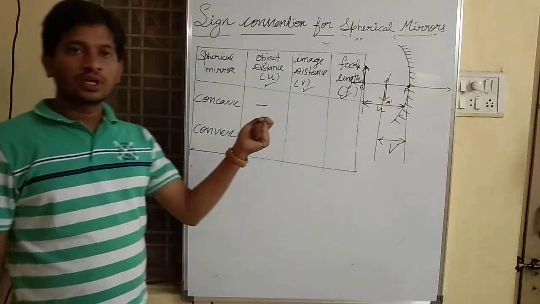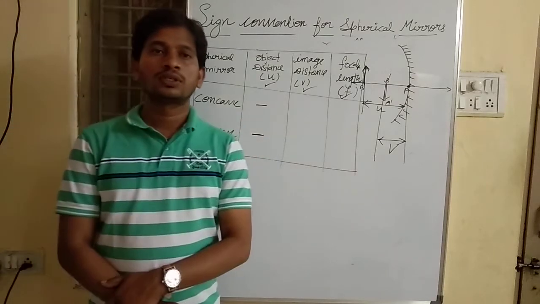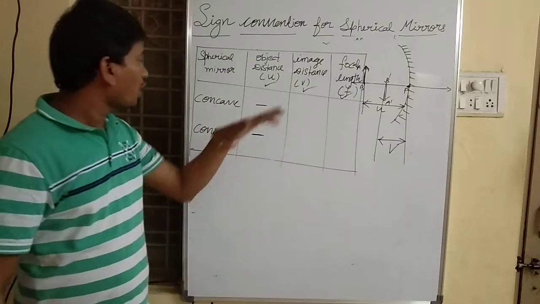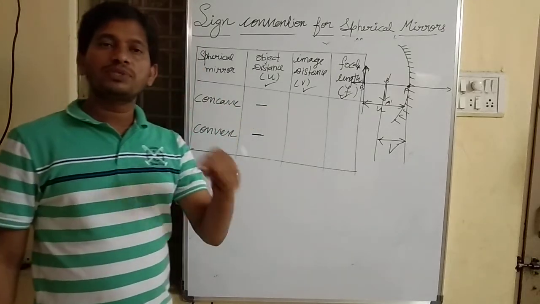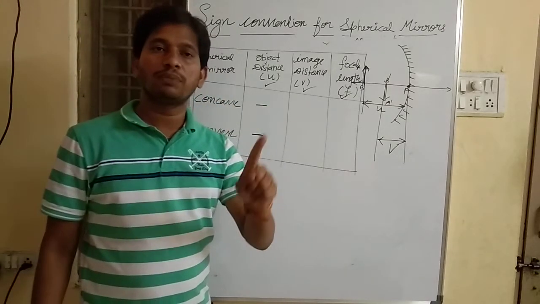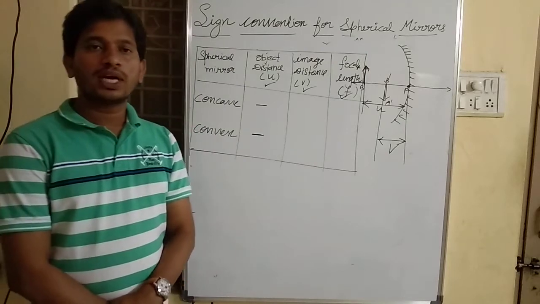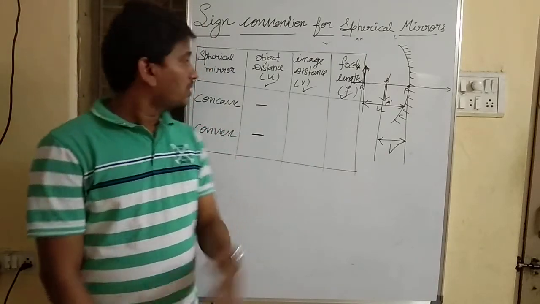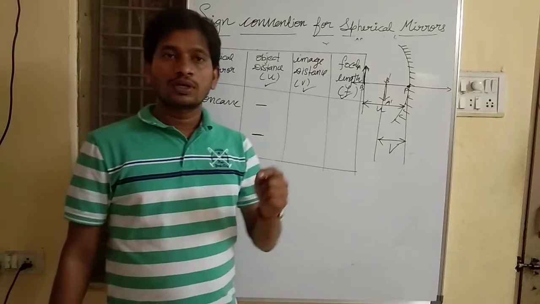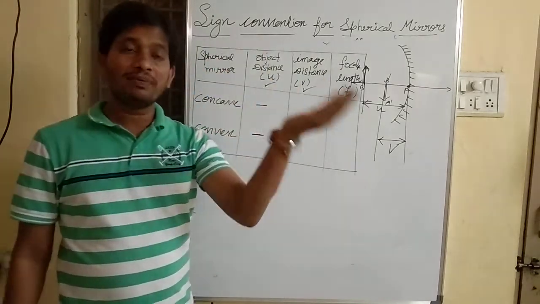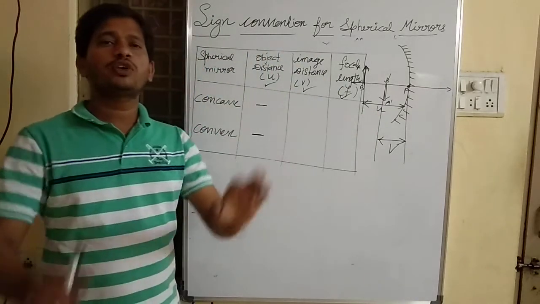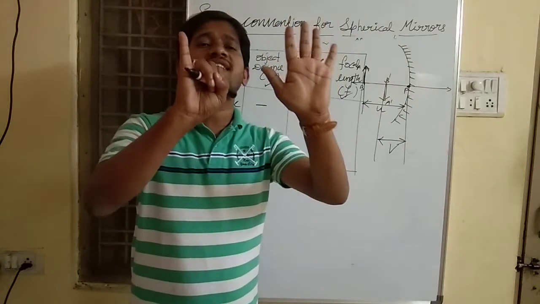Coming to image distance for a concave mirror, sometimes it may be positive, sometimes negative, because for a concave mirror you may get a real image or a virtual image. In total, for a concave mirror we have 6 cases.